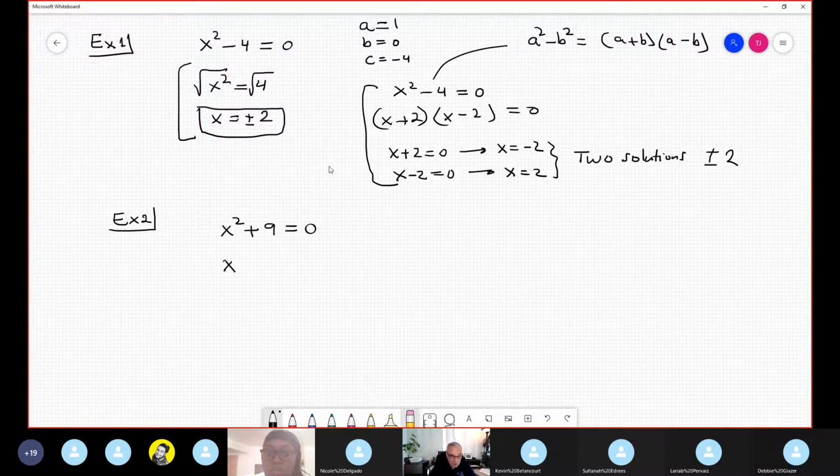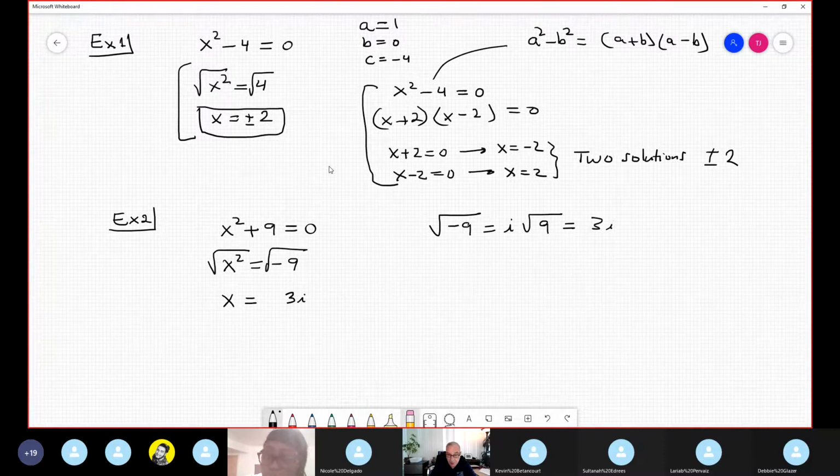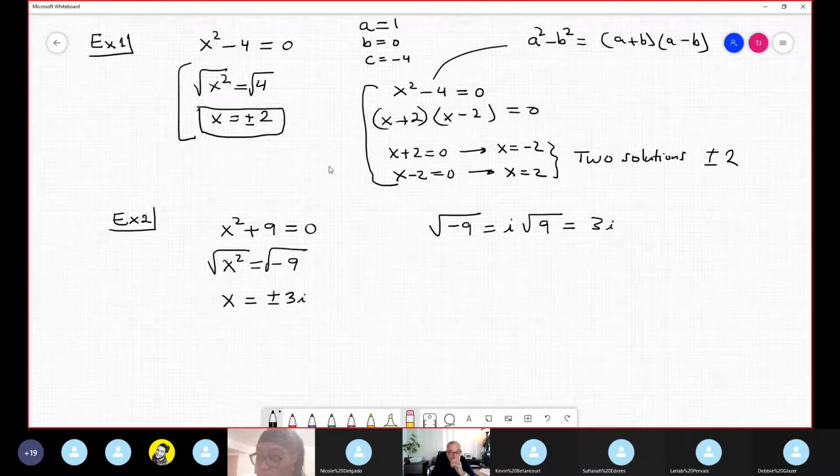You isolate the x squared, in this case negative 9, and apply square root to both sides. x alone is equal to the square root of a negative number, I know it's imaginary, it's 3i. Because remember, how are we solving that? This is i, square root of 9, and square root of 9 is 3. But in the particular case of the quadratic equation, when you apply square root, you put plus or minus 3i. And this is the answer.